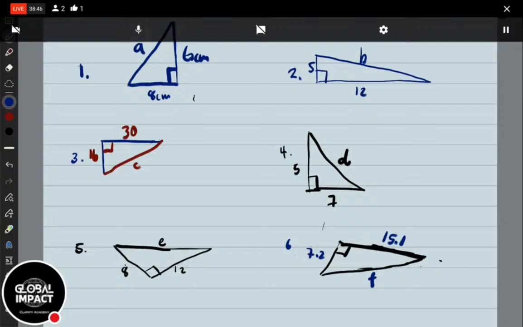This is the assignment questions. And that's it for maths. I'll send the link just now.